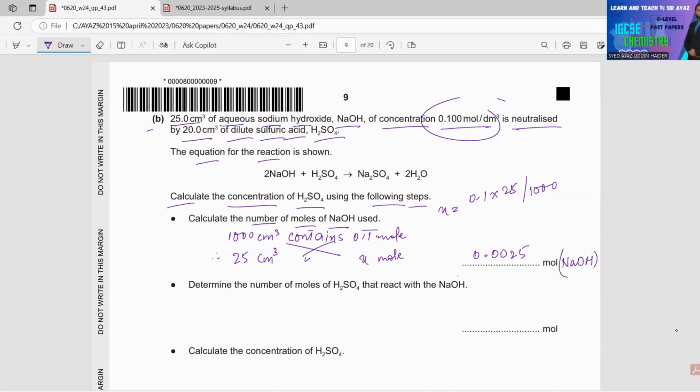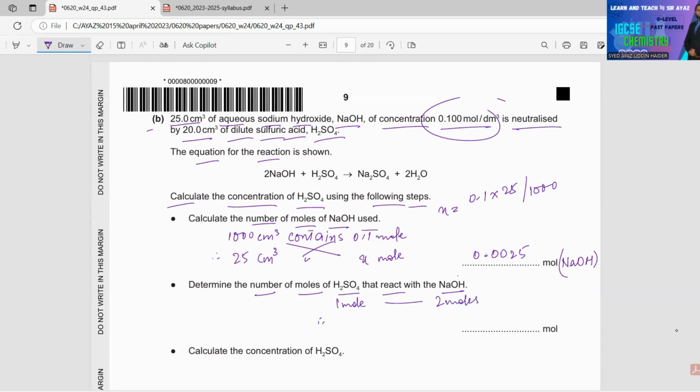Determine the number of moles of H2SO4 that reacts with the NaOH. Now we need to calculate the moles of H2SO4. According to the reaction equation, 1 mole of sulfuric acid reacts with 2 moles of NaOH.